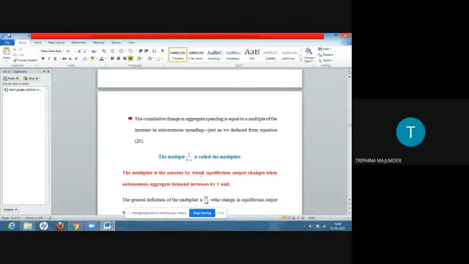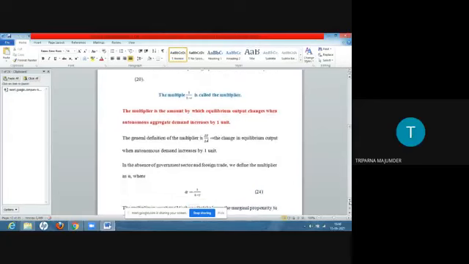So the multiple 1 by 1 minus C is called the multiplier. The multiplier is the amount by which equilibrium output changes when autonomous aggregate demand increases by 1 unit. The general definition of the multiplier is delta Y by delta A bar, which implies the change in equilibrium output when autonomous demand increases by 1 unit.